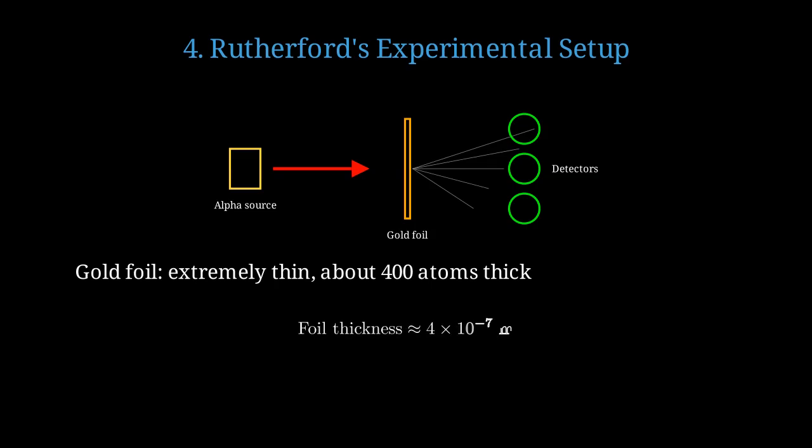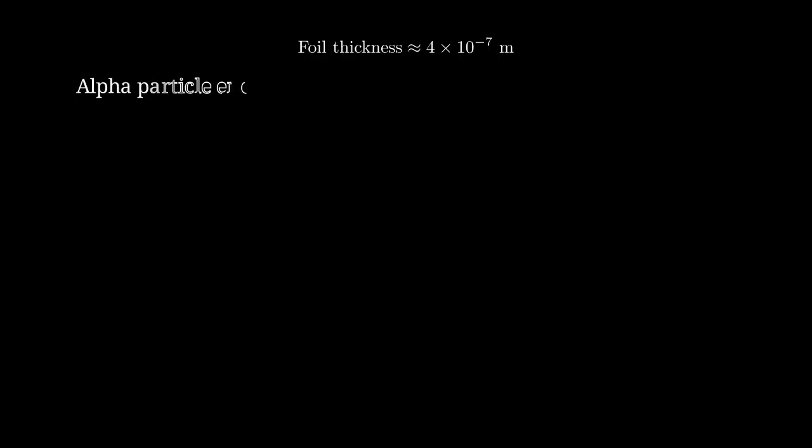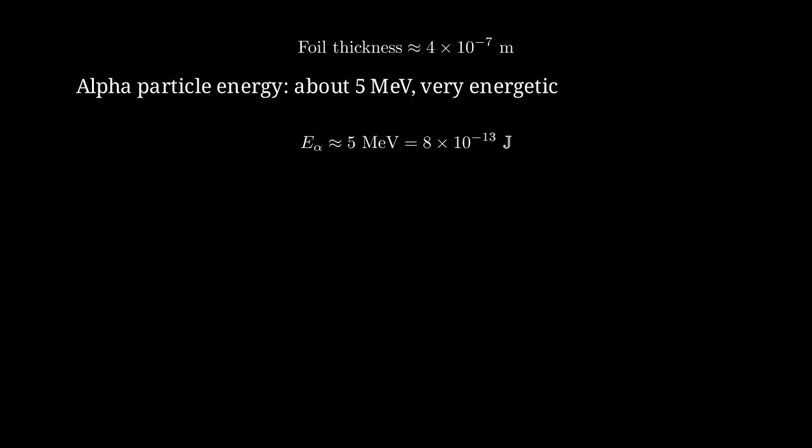The foil thickness was approximately 4 times 10 to the negative 7 meters. The alpha particles had kinetic energy of about 5 mega-electron volts, making them quite energetic and able to penetrate matter. 5 mega-electron volts equals approximately 8 times 10 to the negative 13 joules.